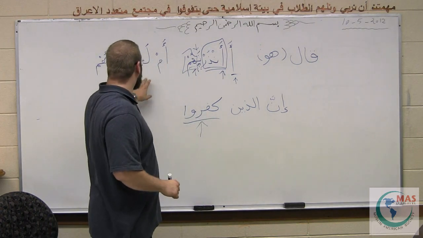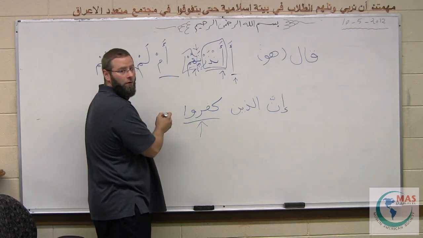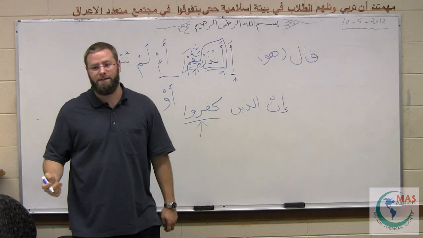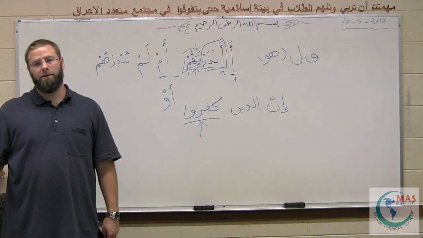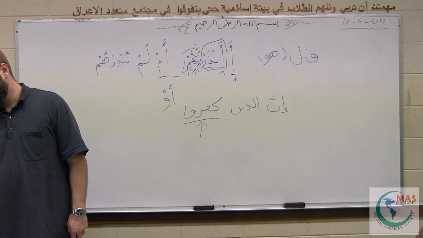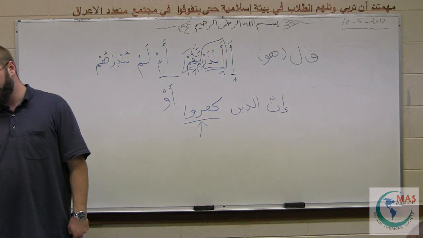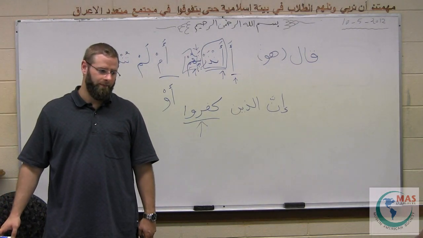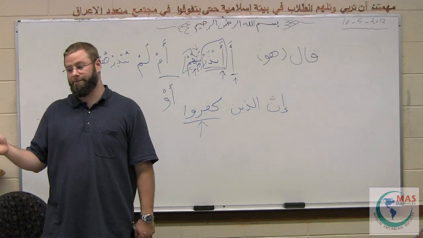Okay. Lam, or. "Am" in a question means or. "Aw" is an article that means or, if you just wanted to say this or that. Somebody asks you, do you like hummus or falafel?